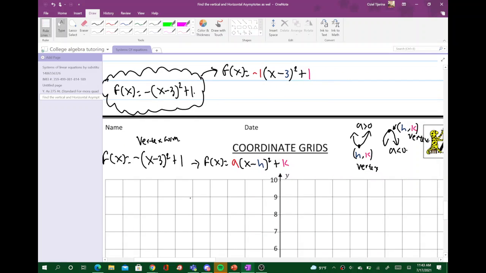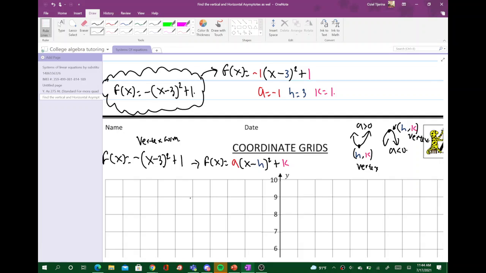So basically we have something like this, right? And we know that a is equal to negative 1, and then we also know that our h value is equal to 3, and our k value is equal to 1.